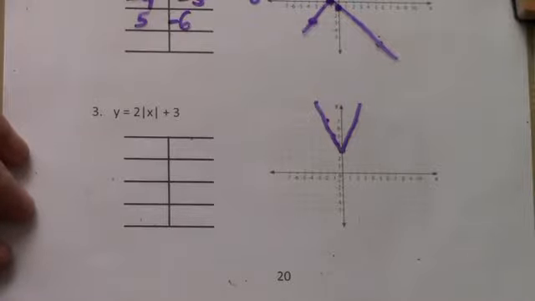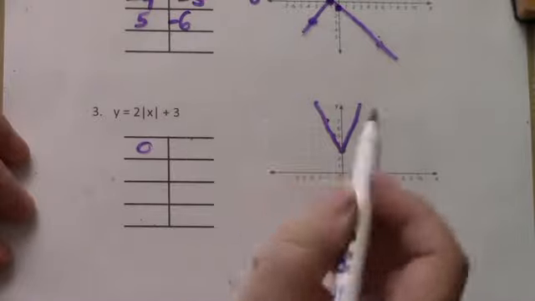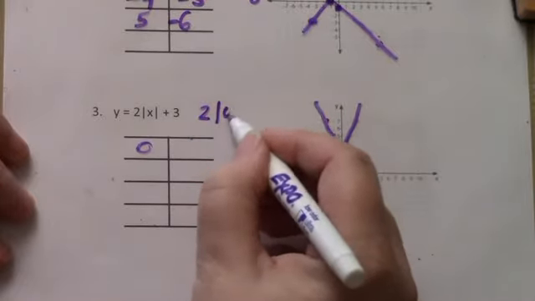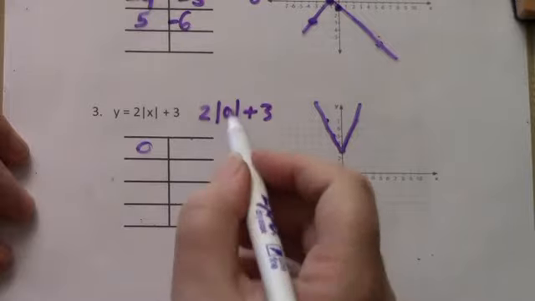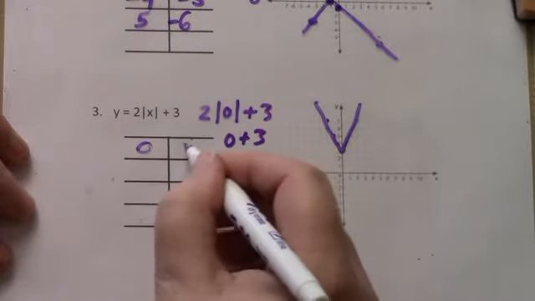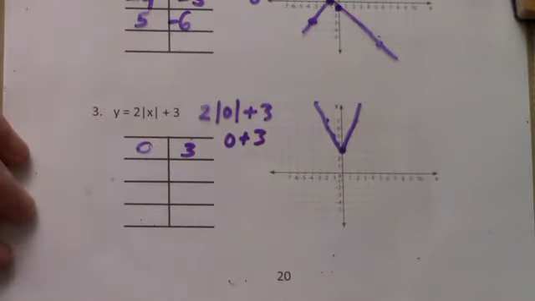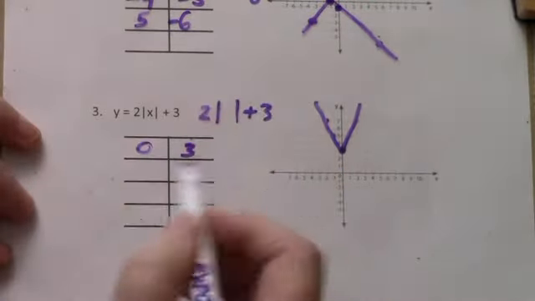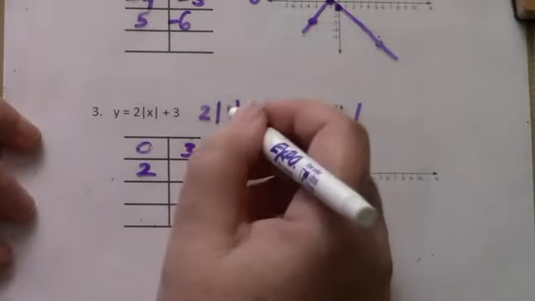My graph should look like this. Let's test a few and see what happens. Let's make x 0. 2 times the absolute value of 0 is 0, plus 3 is 3. 0, 3. You can see I found my vertex correctly. Let's do another value for x. Let's make our value for x 2.